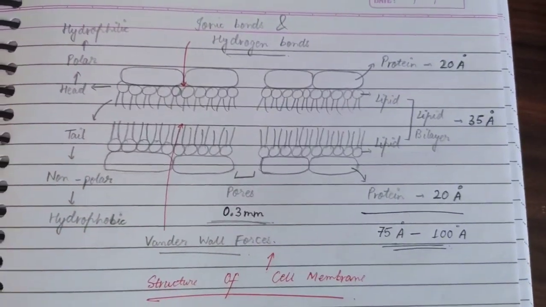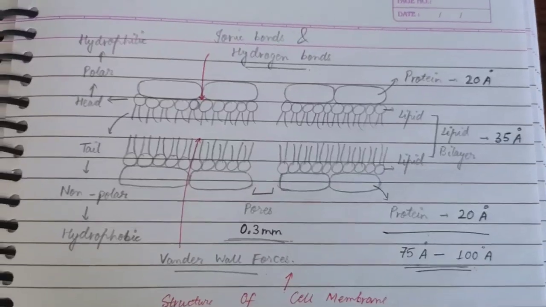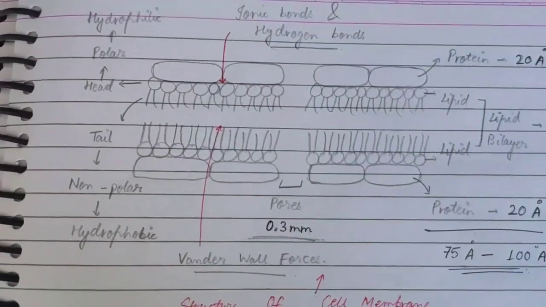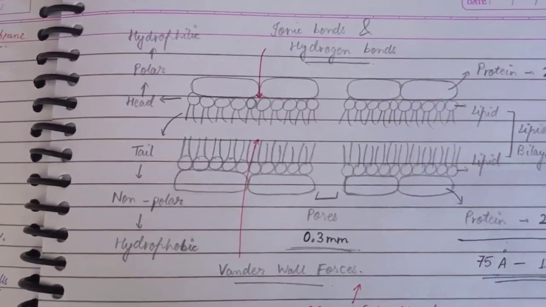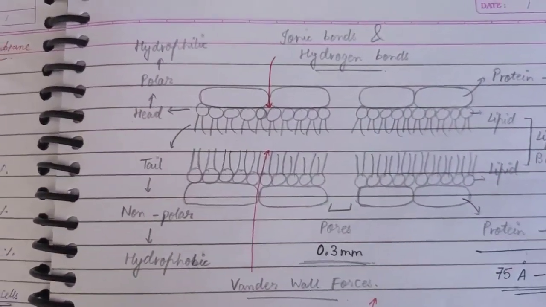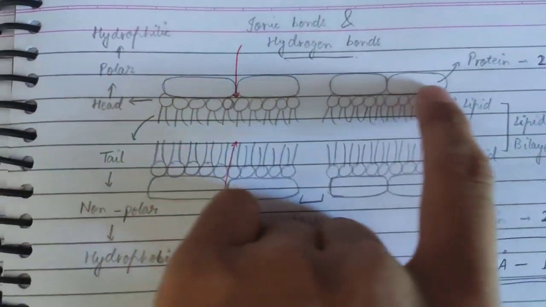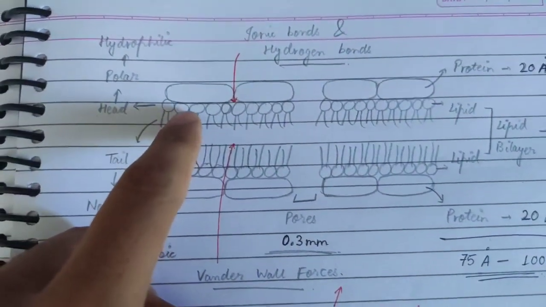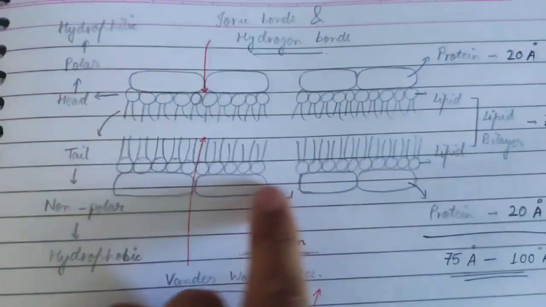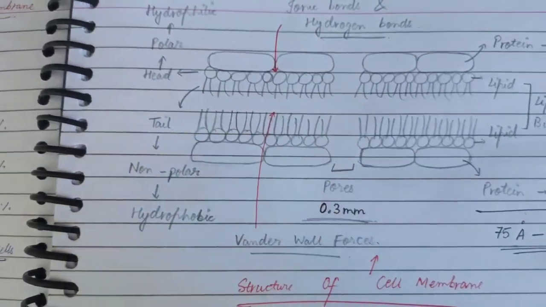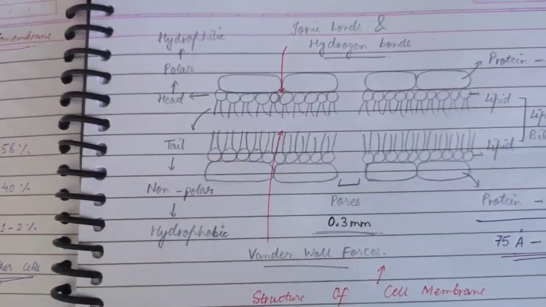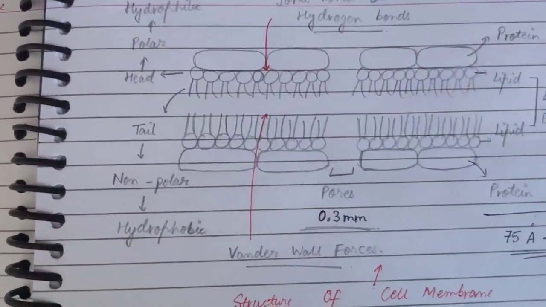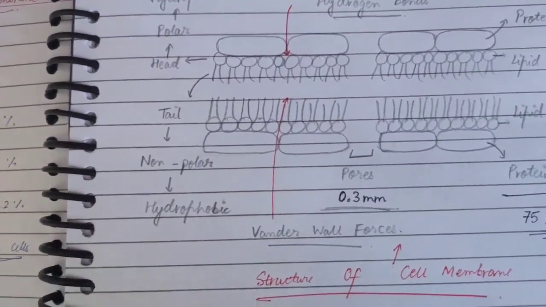Okay, let us see the structure and know about it one by one. This is the structure given by the first model, known as the sandwich model. Yes, it's a funny name, sandwich model, also known as the trilamellar model, because it has 3 layers: one protein layer, then a lipid bilayer, then again a protein layer. So trilamellar layer, also known as the PLLP model. It was given by the scientists Danielli and Davson.